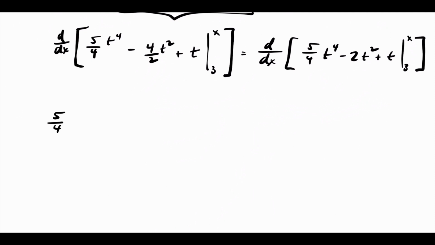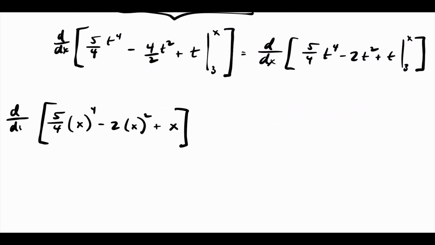So 5/4 x to the fourth minus 2x squared plus x, minus, now I'm going to plug in 3. 5/4 times 3 to the fourth minus 2 times 3 squared plus 3.